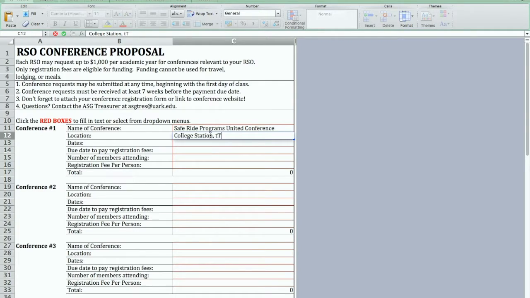Obviously you'll need to fill out all this information for whatever conference you plan on going to. The date of the conference is going to be May 20th. Again, completely fictional, so please do not show up to the Safe Ride Programs United Conference in College Station. We're going to say that the due date for the conference is May 2nd.